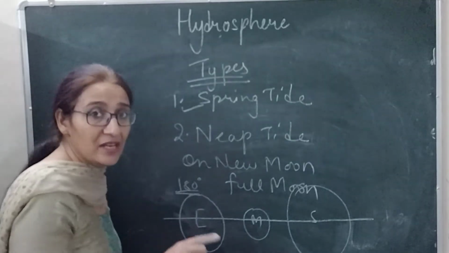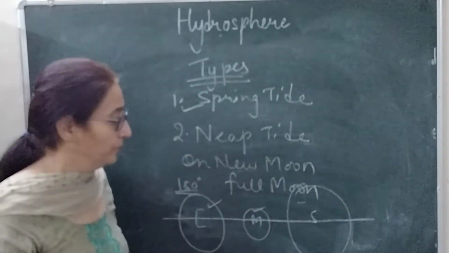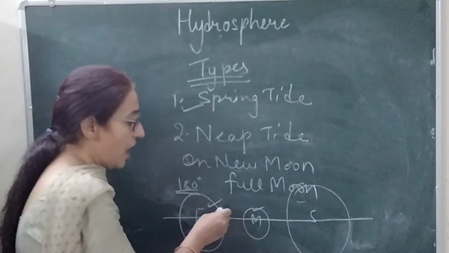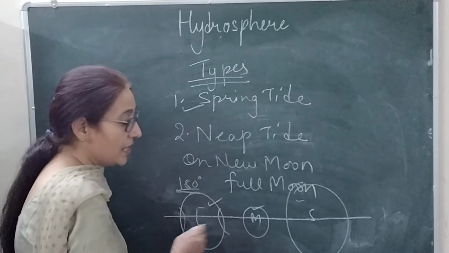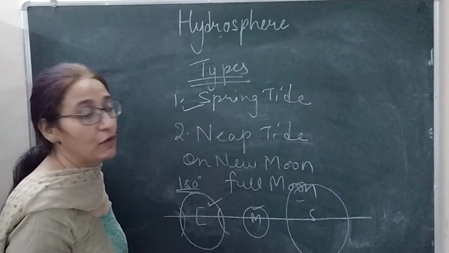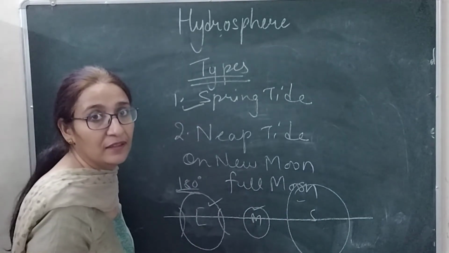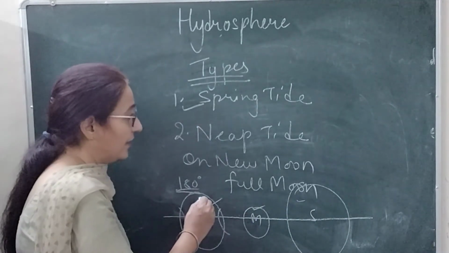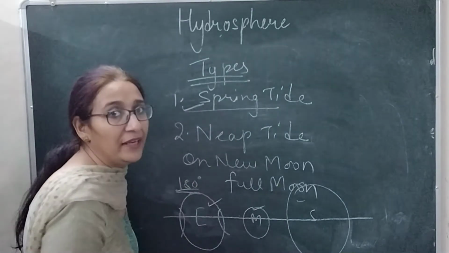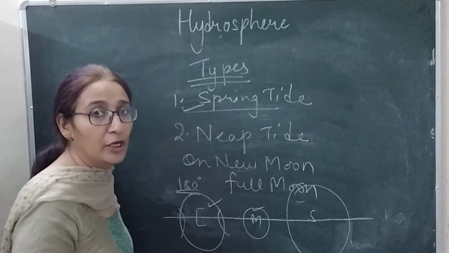That will be in the same line. When these three heavenly bodies, the Earth, the Moon and the Sun, are in the same line, then Earth experiences combined gravitational force from the Moon and the Sun and experiences spring tide.